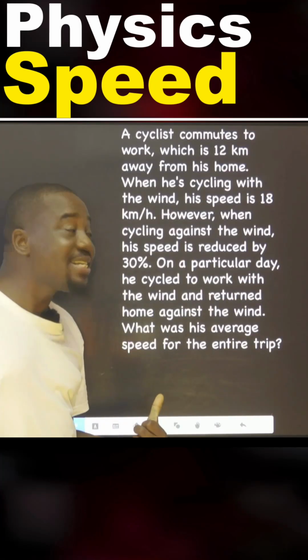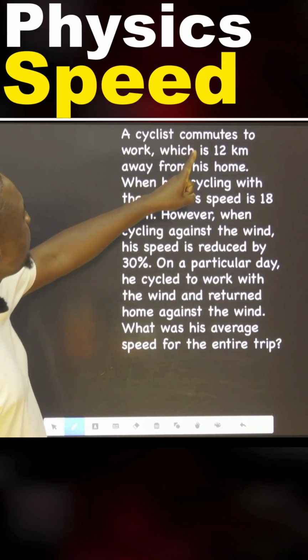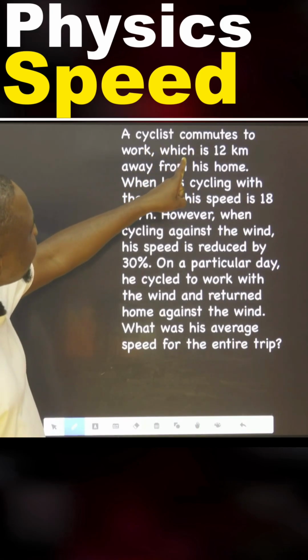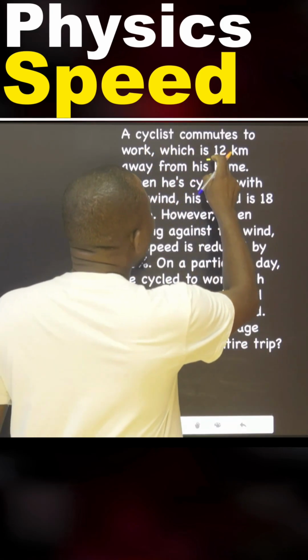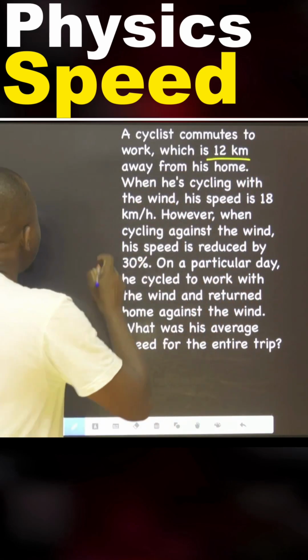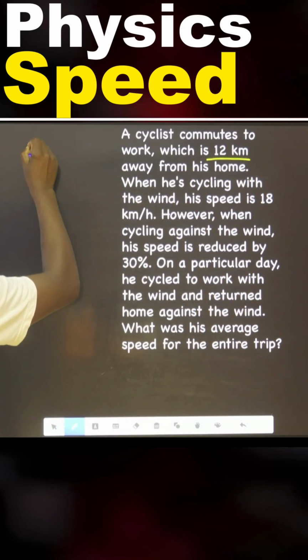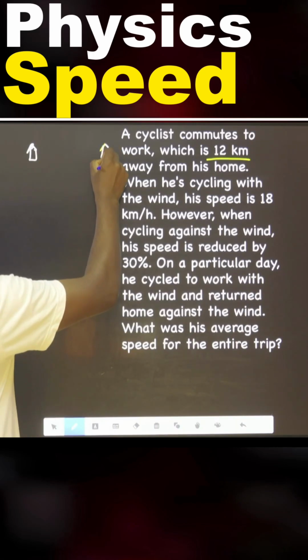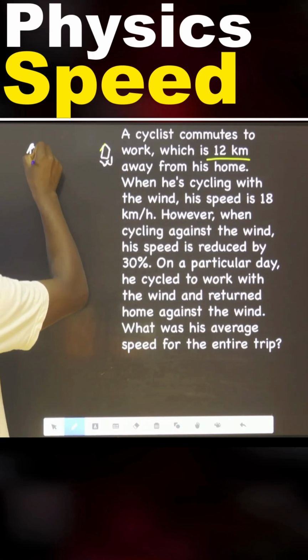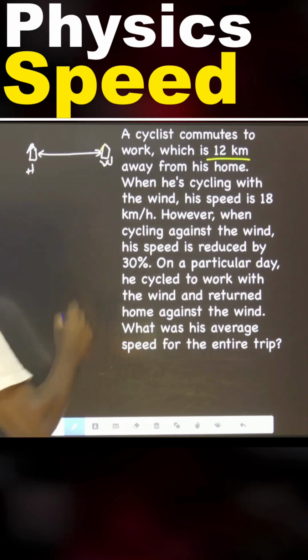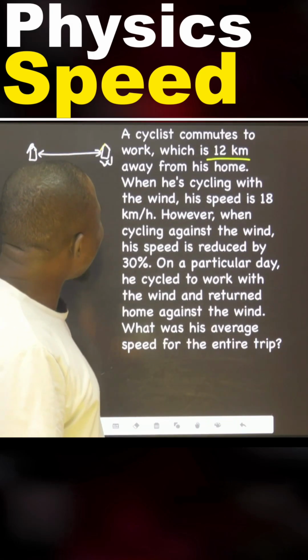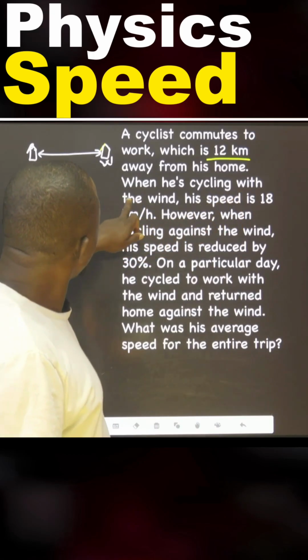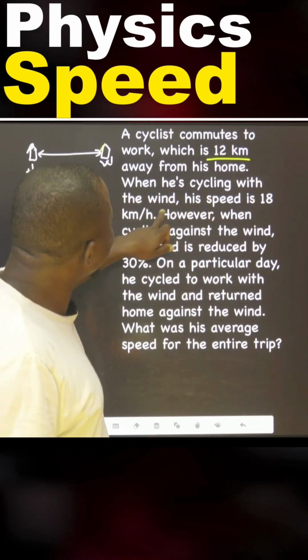Look at this. It says a cyclist commutes to work, which is 12 kilometers away from his house. This is the cyclist's house. This is the building. This is the work. Okay, work, house. So this is the distance. When he's cycling with the wind, his speed is this.